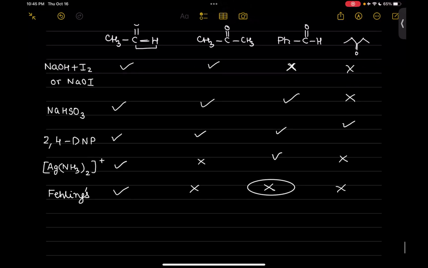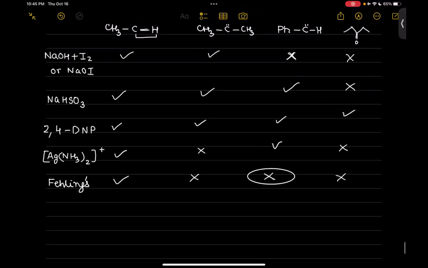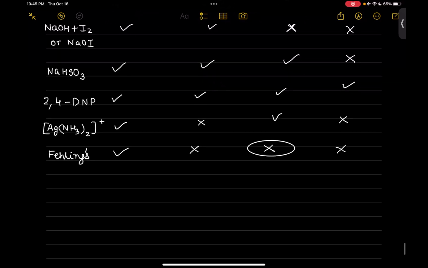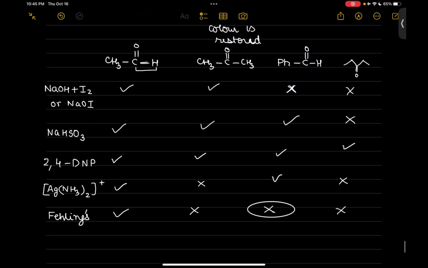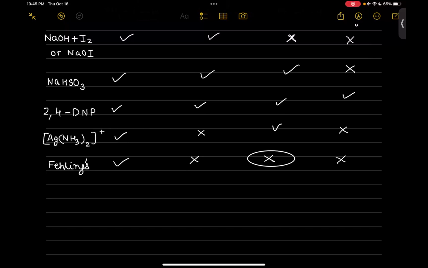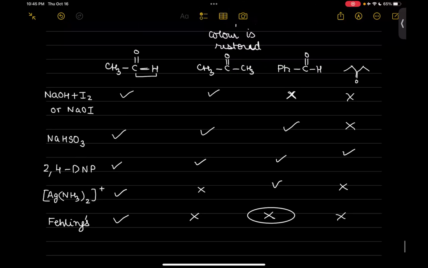But aromatic aldehyde also not giving is actually a bit surprising. That is an exception. They do not give because of the lower reactivity. Is it clear? Okay, so these are all the tests of your aldehydes and ketones.